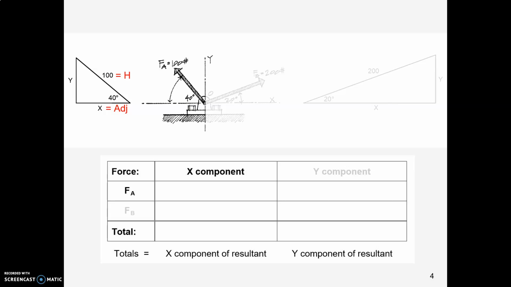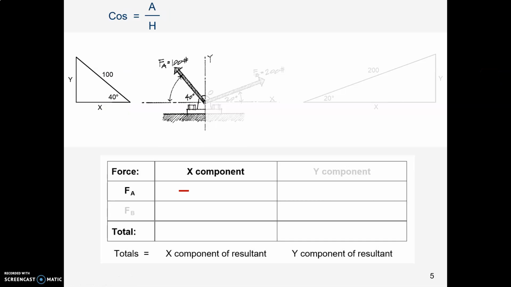The X component, as you can see, is adjacent to the 40-degree angle, so it's the adjacent side of the triangle. When we think about the trig formulas, SOHCAHTOA, which one has hypotenuse and adjacent? It's CAH. Cosine is adjacent over hypotenuse.